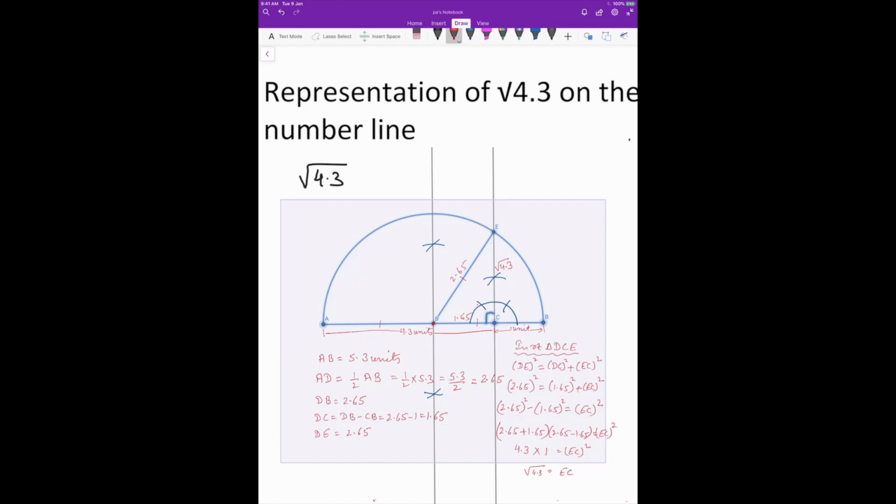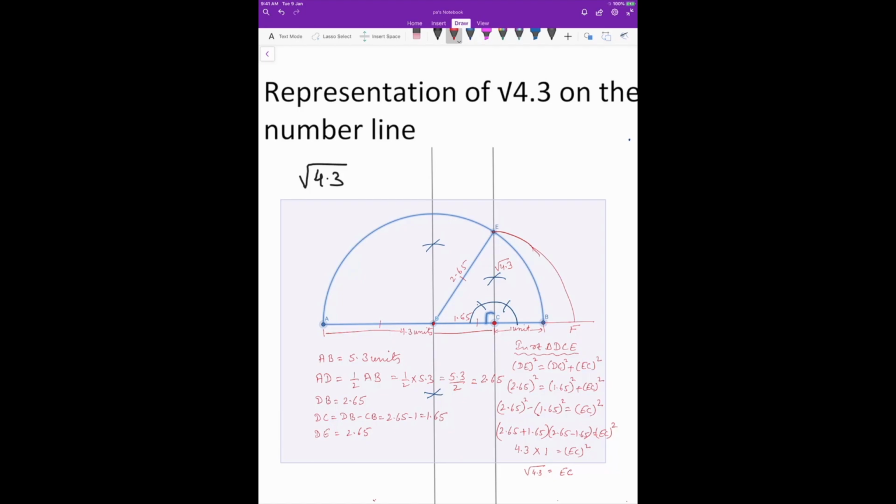Now, as we know, CE is root 4.3. So by taking C as the center and CE as the radius, suppose I draw an arc using a compass which will intersect the number line at some point, say F. So from C we have drawn an arc EF. So CE and CF are of equal lengths.